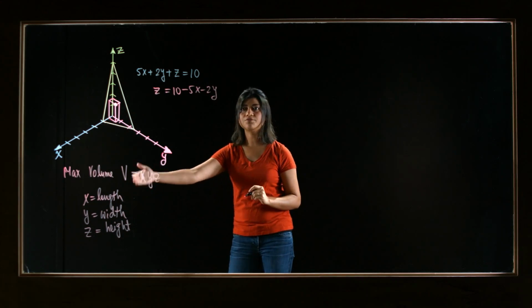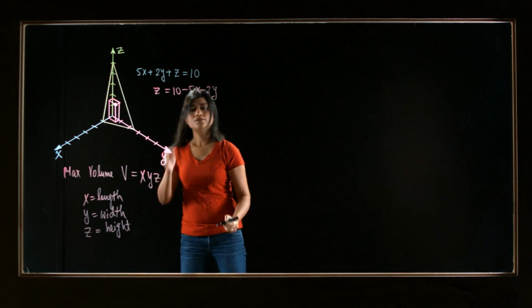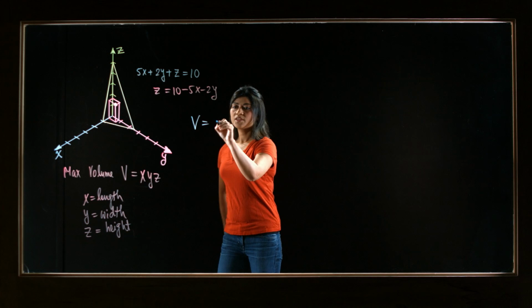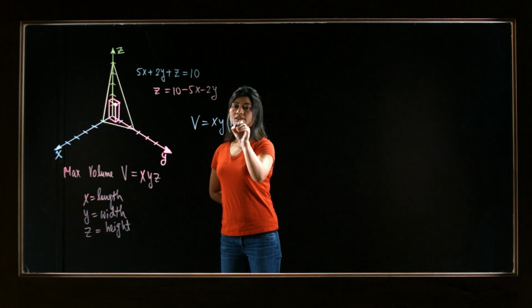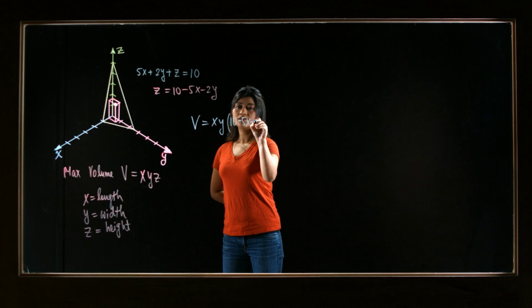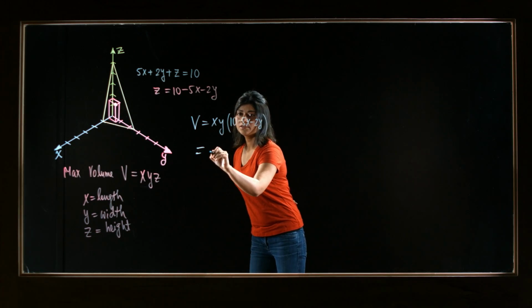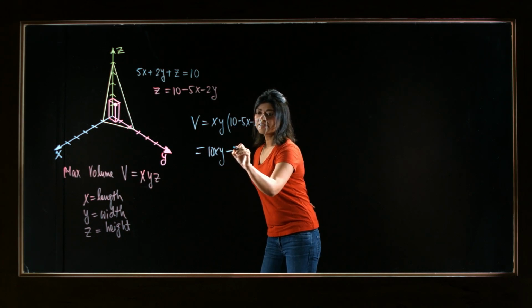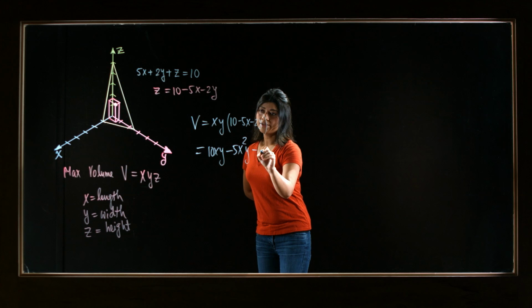Then rewrite our volume function: the volume is x times y times (10 minus 5x minus 2y). Let's simplify. We get 10xy minus 5x squared y minus 2xy squared.